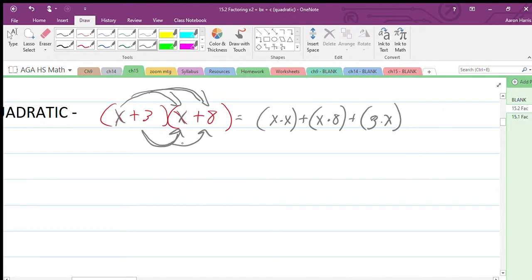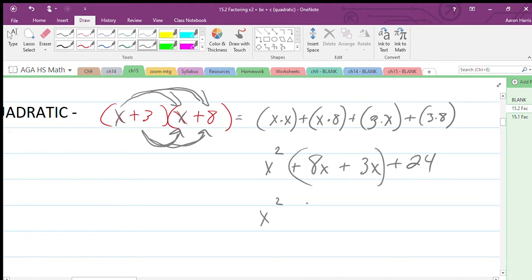And then you would do 3 times 8. So let's simplify this. X times x is what? X squared. X times 8, 8x. 3 times x, 3x. 3 times 8, 24. I can combine like terms. I will get x squared plus 11x plus 24.